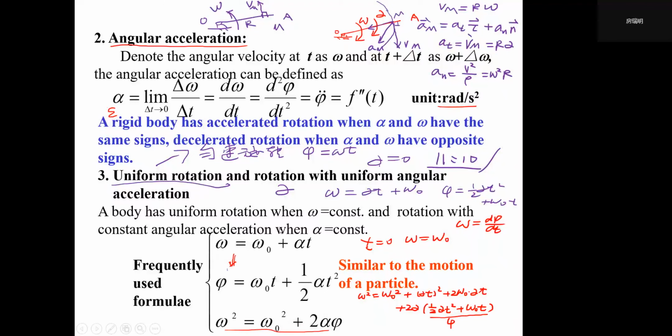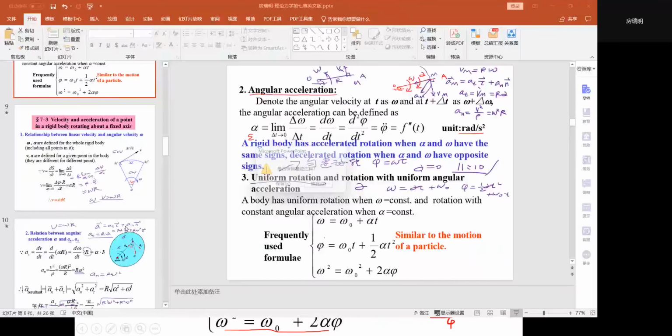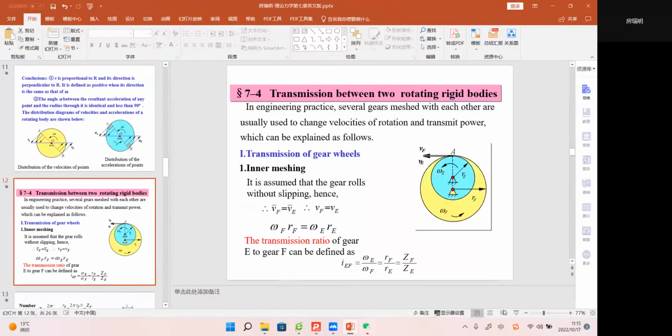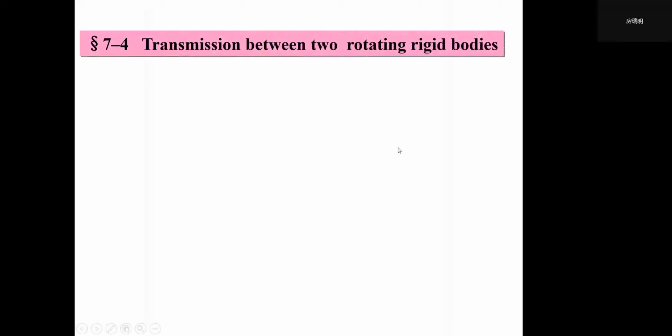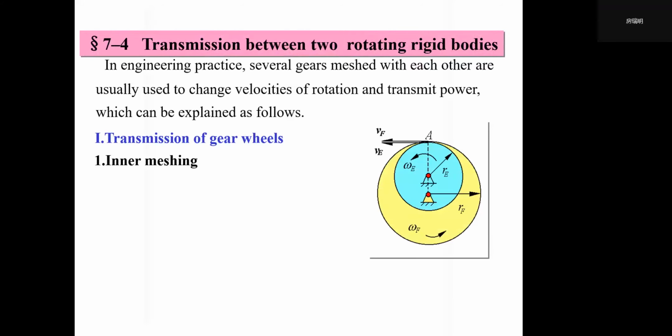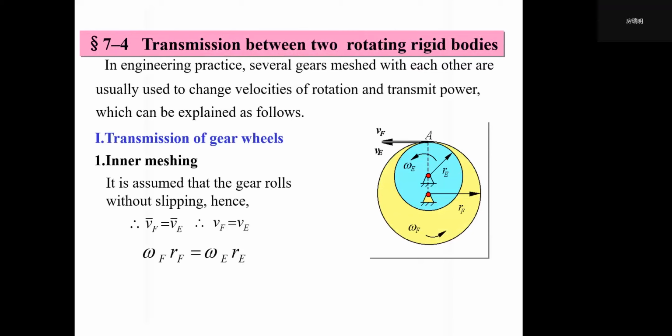So I think that ends the review process. We will move to the fourth section of this chapter. We'll talk about transmission between two rotating rigid bodies. Actually, this is a very important term. Maybe you will learn it in another course next semester.